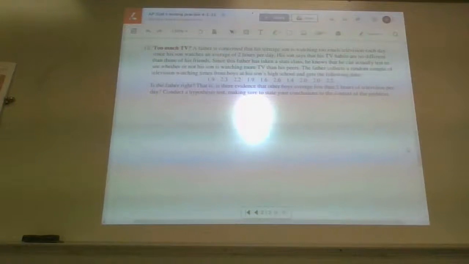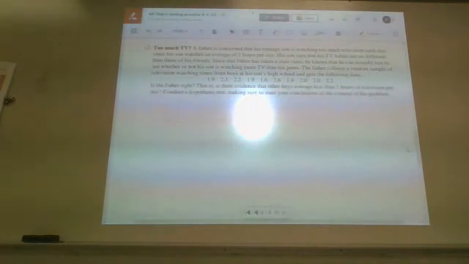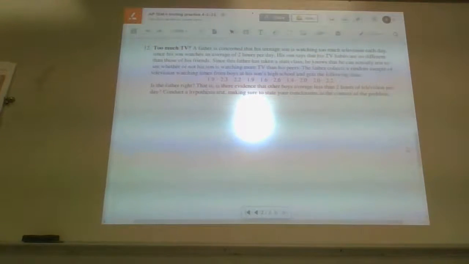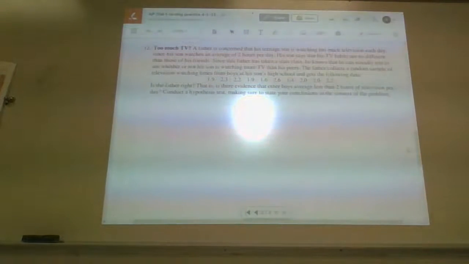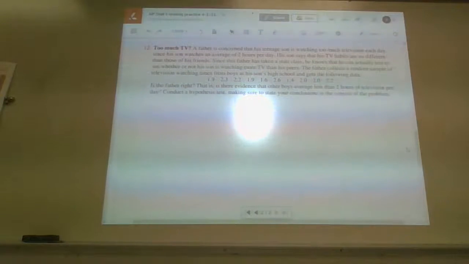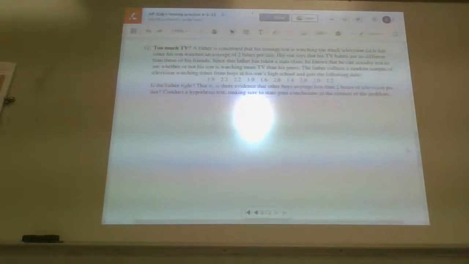The son is saying that 2 hours of TV is no different than his friends. The father believes his son is watching way too much television, which automatically makes people think you got to do greater than. However, the data that the father collects is from his son's friends, the boys at his school. The father wants to know, okay, is the sample data that I collected significantly less than my son's TV watching habits?